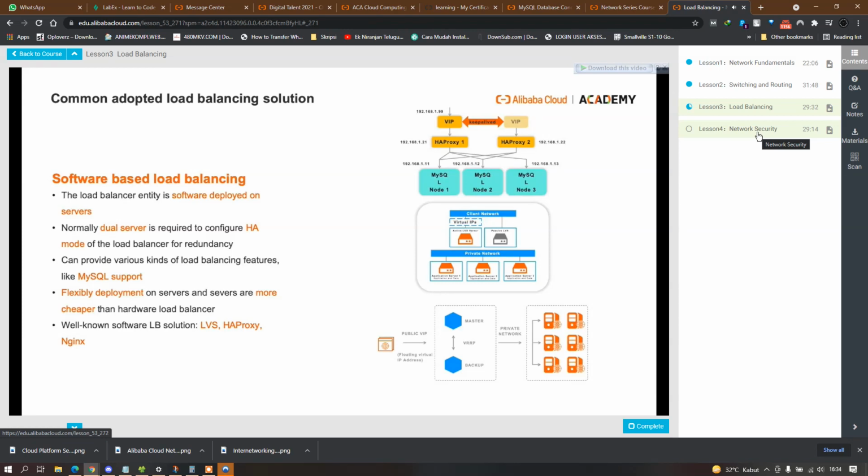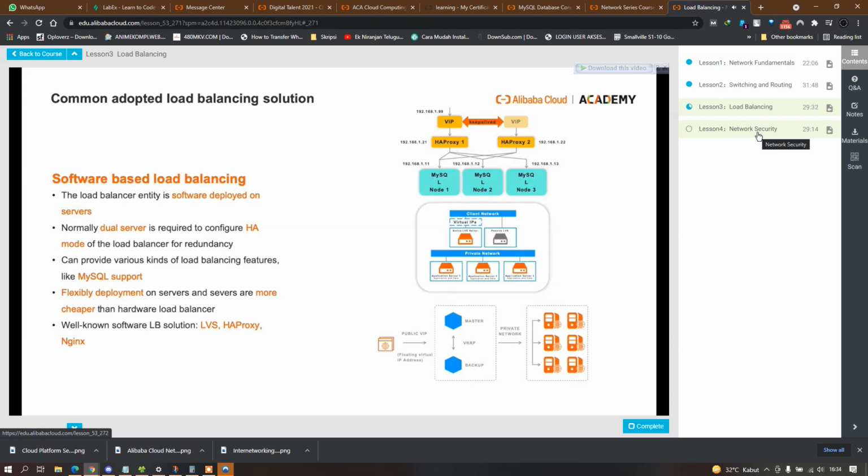The third point is that software-based load balancing can provide various kinds of load balancing features. For example, most software load balancers can provide database distribution load balancing.